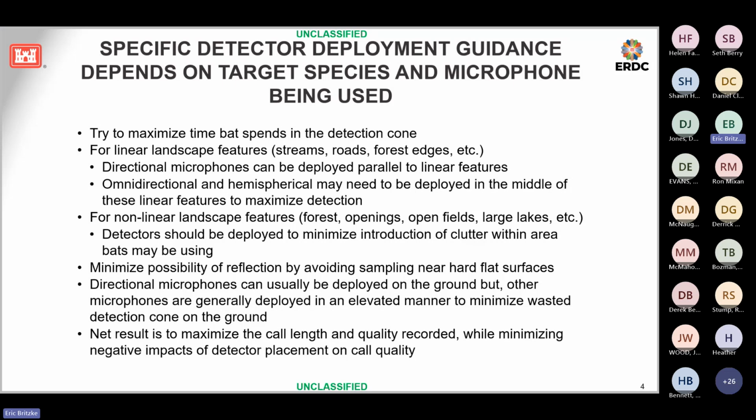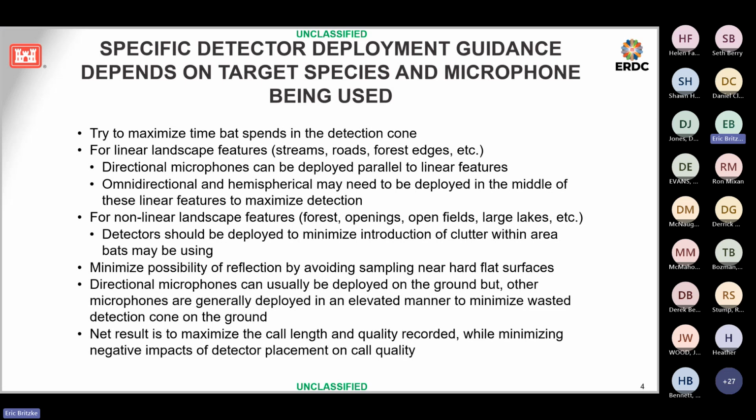What's important is to maximize the amount of time a bat spends in the detection cone. For example, if you have a linear corridor, you'd want to put a directional microphone pointed down that linear corridor. That maximizes the length of the call and the quality of the call recorded. So that's one of the options with a directional mic.